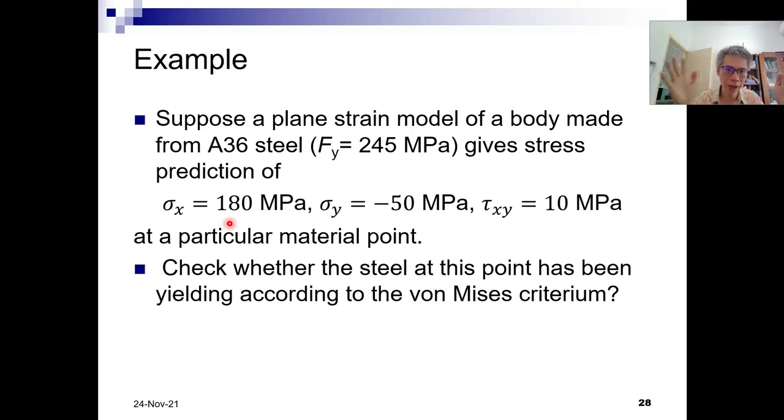The normal stress in x direction is 180 in tension, the stress in y direction is minus 50 in compression, and the shearing stress is 10 megapascal at this point. The question is, under this state of stress, that is multi-axial and including shearing stress, is the steel at that point already yielding or not yet? We can answer using von Mises theory.